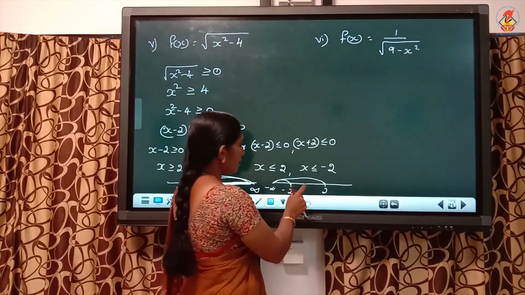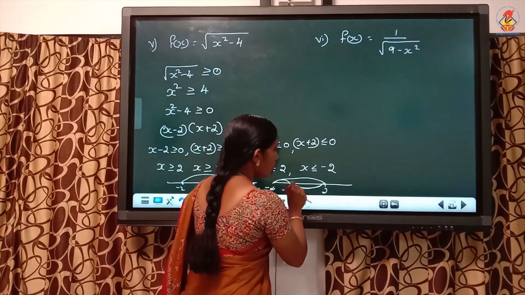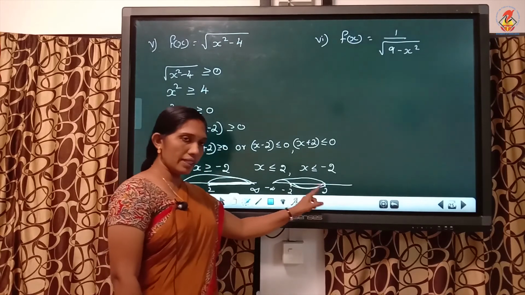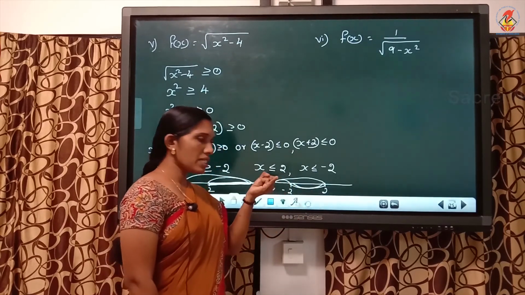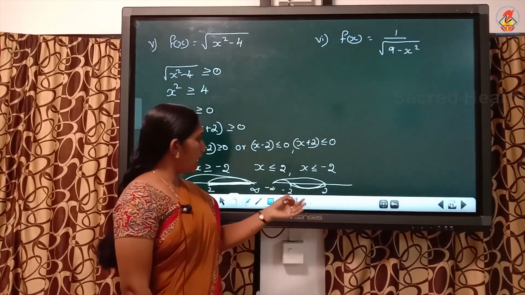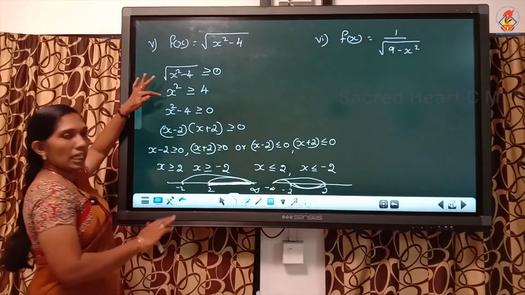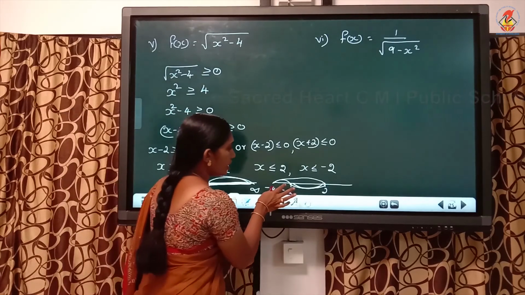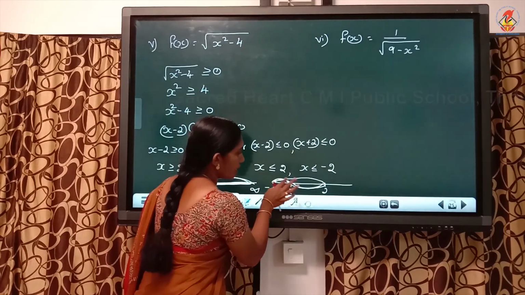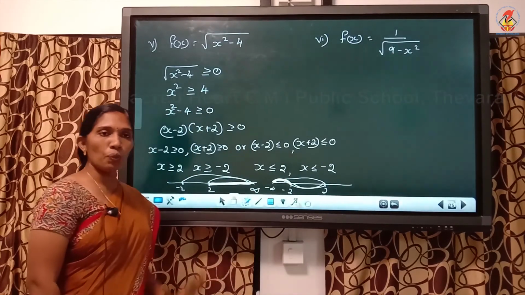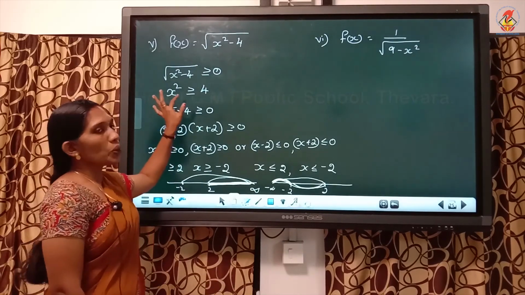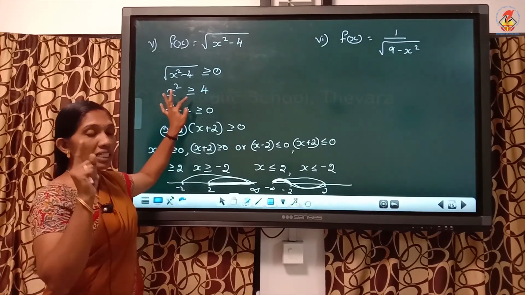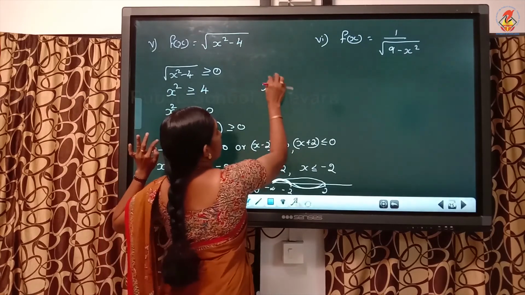Like that here, this portion you can't take, since in this range the numbers are minus 1, 0, 1. When we give x as these values, it is not greater than or equal to 4. So the condition is only this portion, that is minus infinity to minus 2. Look at the symbol: in the previous question it is less than. Do you remember?